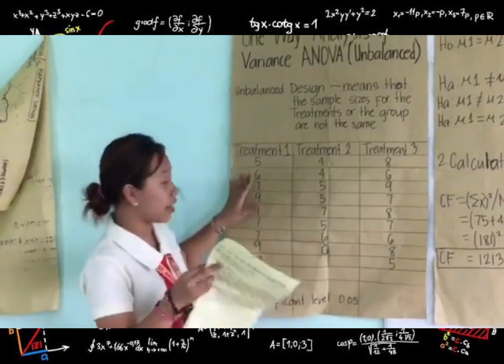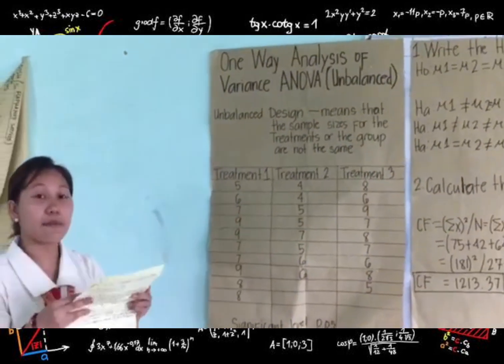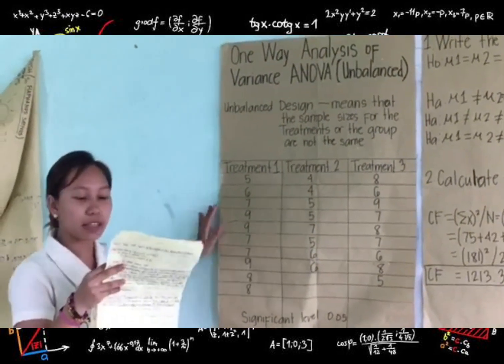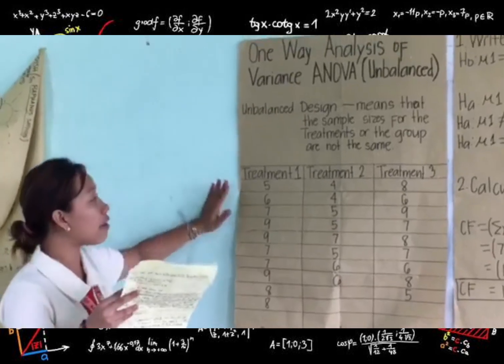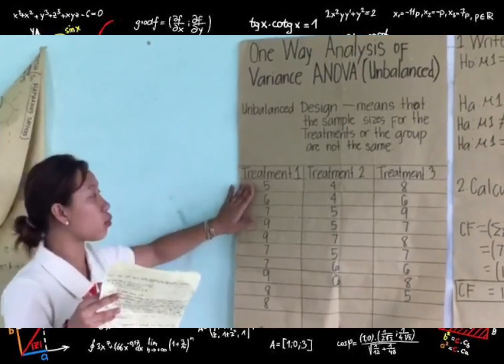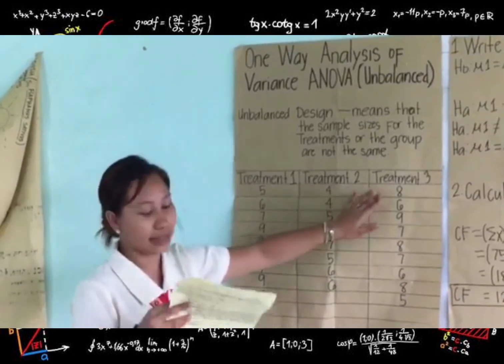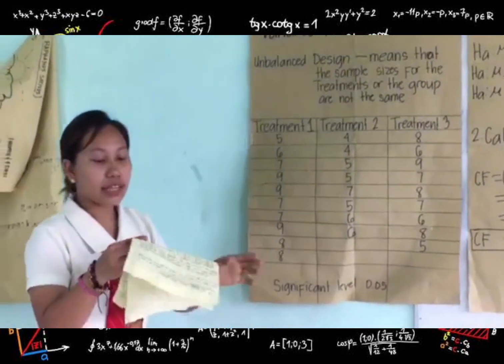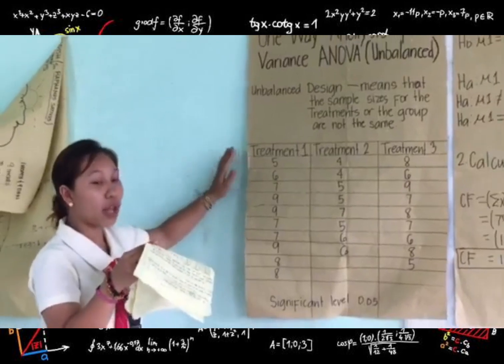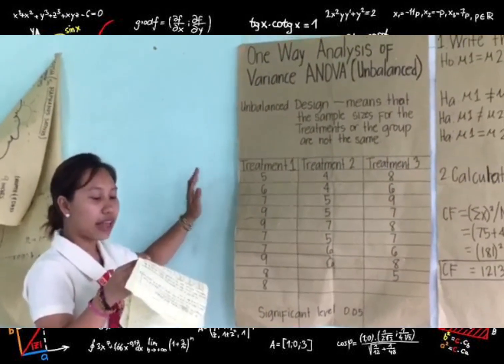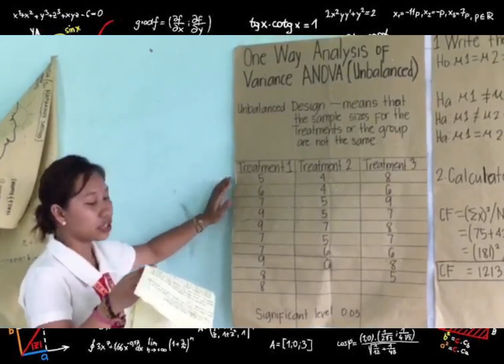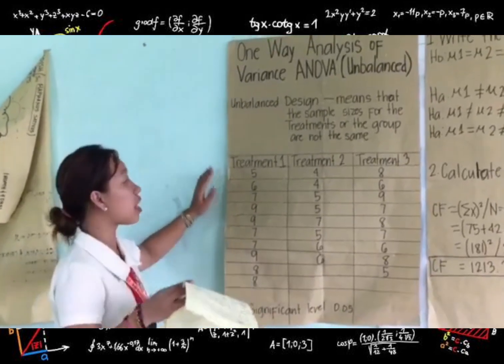The data here are from an independent measure experiment comparing three different treatments: treatment 1, treatment 2, and treatment 3. What is needed is to conduct a one-way ANOVA on the data to test the hypothesis which states that the three treatments are the same.